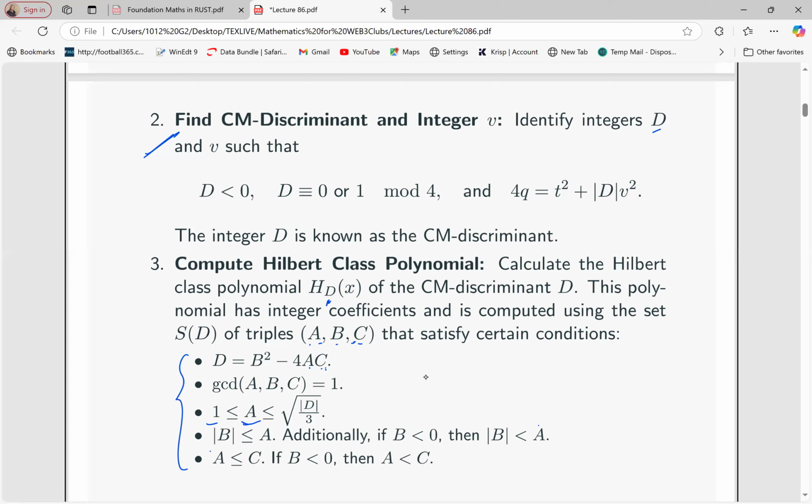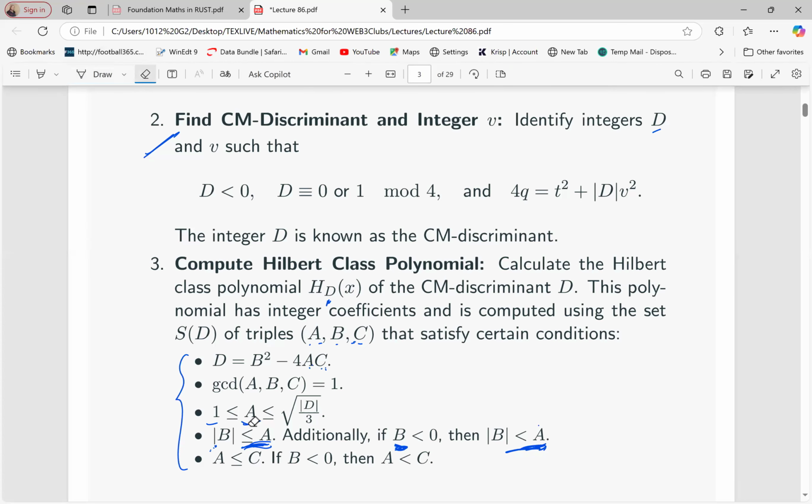Now, if B is not negative, then it must be zero, but at most, it must be A. But if it's negative, then its magnitude must be less than A. And again, we shall look at an example.